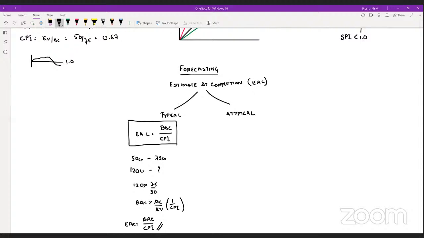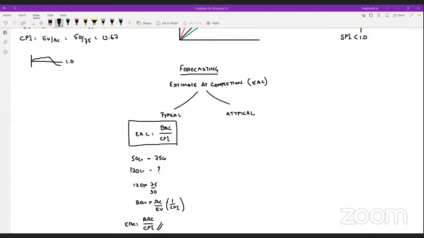Make sense? Good. But if you say that my future performance is going to be different than the current, if that is a scenario, then the CPI is expected to be higher.